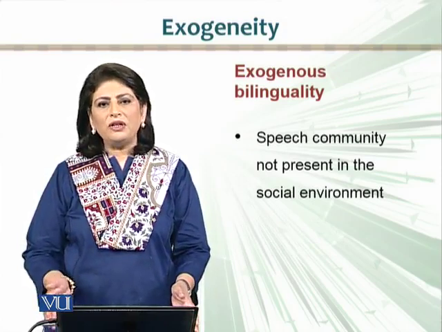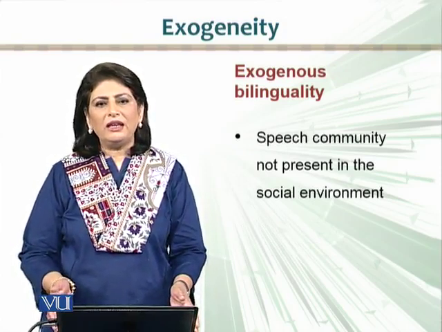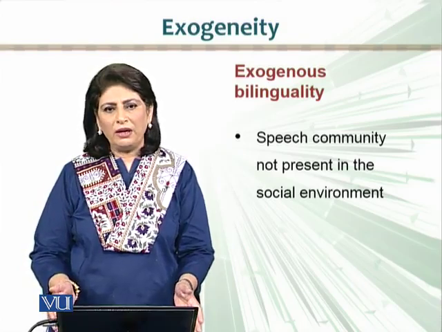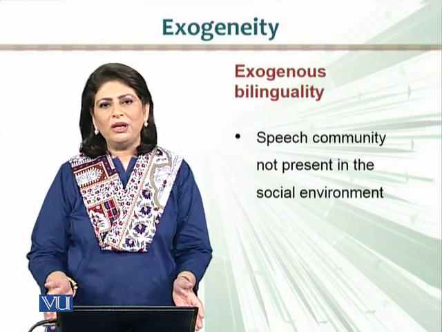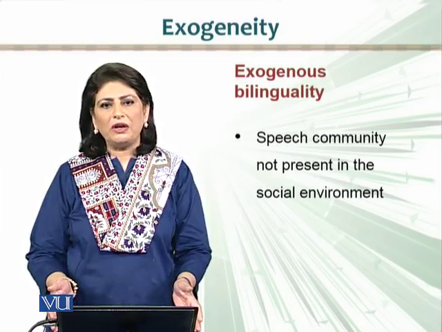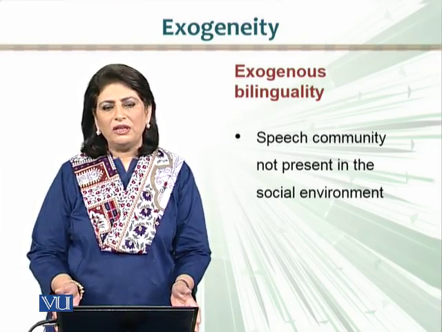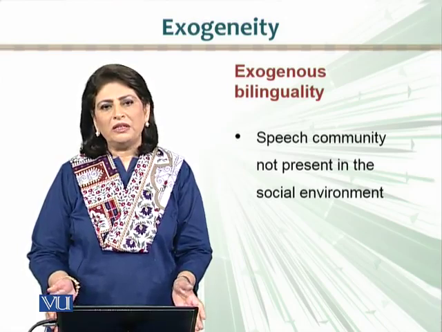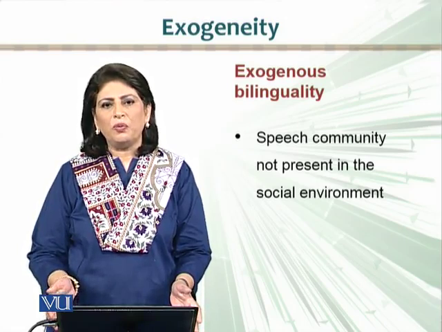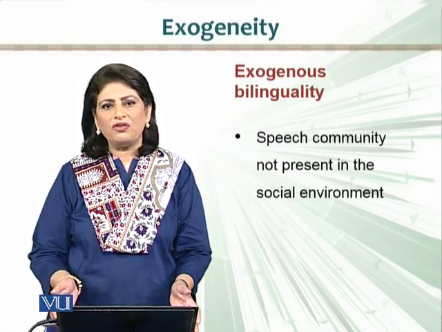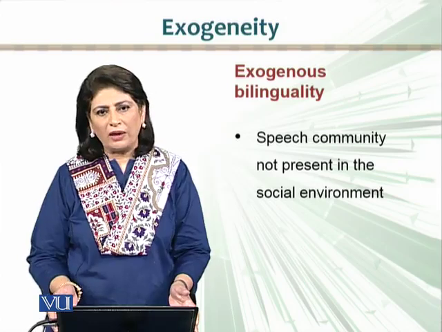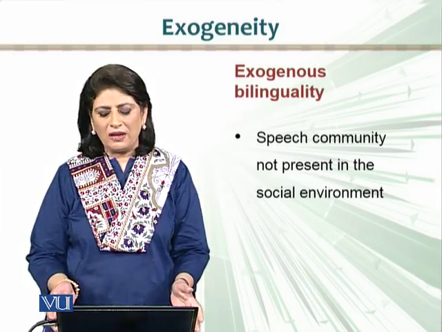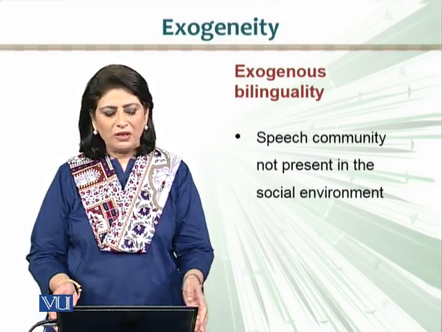In exogenous bilinguality, there is this instance of languages which are there, but there are no native speakers of that language. There is no native community of that language. That is, there is no community to which this language is actually a first language or a home language, yet these languages exist and are very much there.